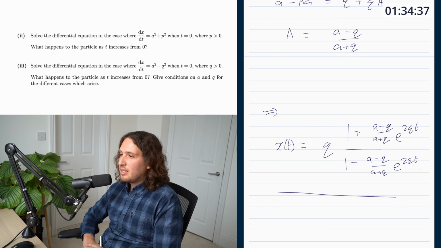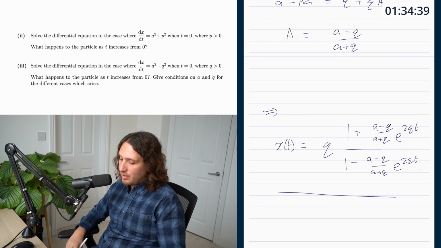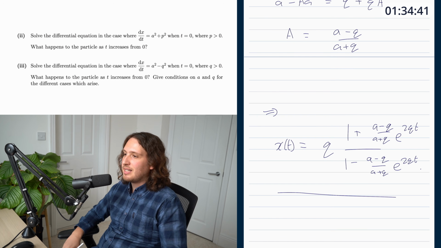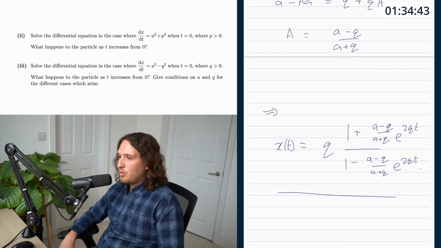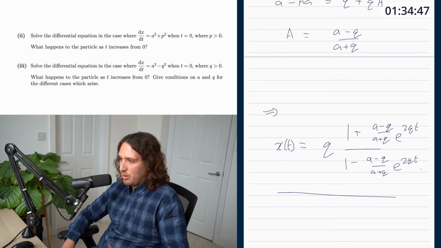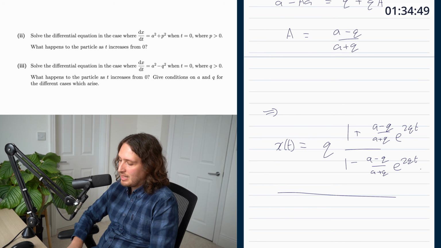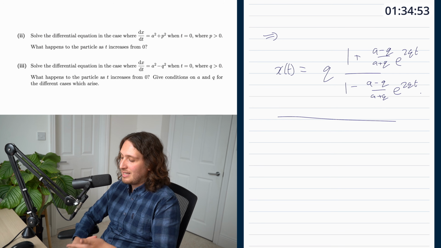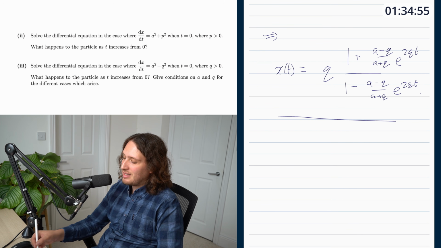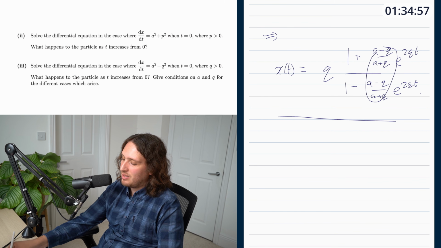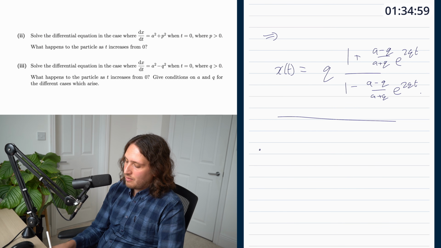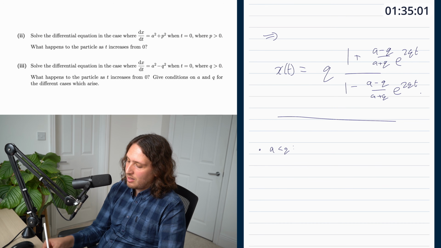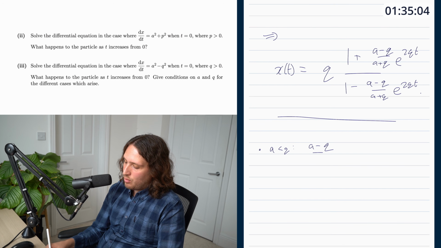Now I need to talk about what happens again when t increases, splitting into cases, whether I move away or towards the origin, the cases that arise. Clearly what matters is whether a is bigger than q, equal to q, or less than q, because that will tell me whether these coefficients are positive or negative. So first of all, if a is less than q, a minus q over a plus q is negative.